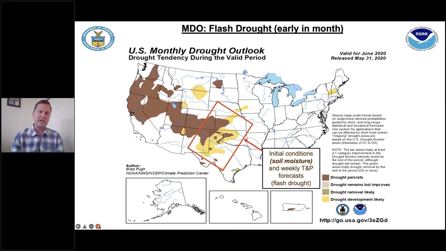And using those initial conditions and the weekly temperature and precipitation forecast, we were showing a development in the monthly drought outlook across the southern Plains. So by the end of June, we were forecasting developing drought across Oklahoma and the Texas Panhandle. Next slide.